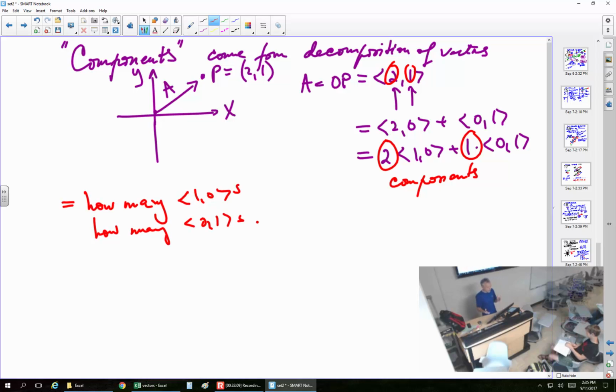So we have two, as they are called, basis vectors. This is (1, 0), and this is (0, 1).